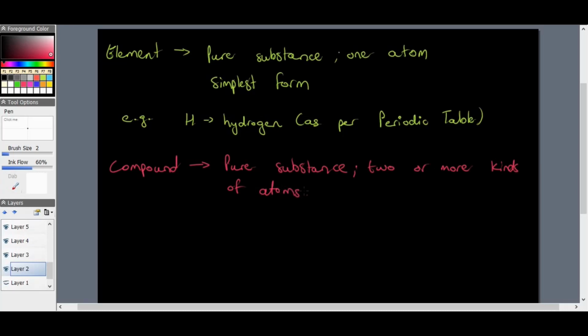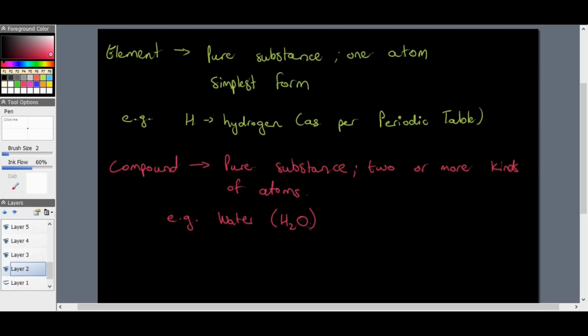So a compound, for example, would be water. What is it good for? Absolutely loads of stuff. We know its chemical formula is H2O.